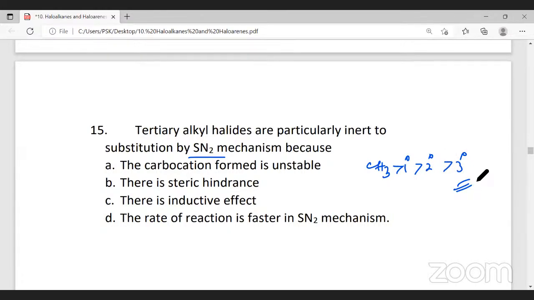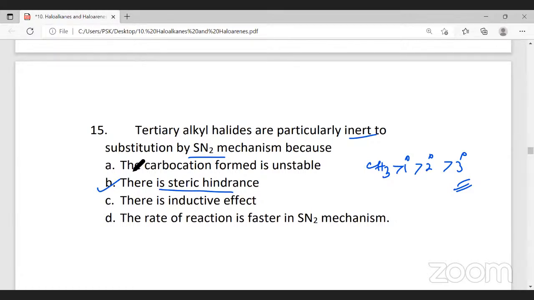Tertiary alkyl halides are big molecules, so for the OH group to attack the carbon atom from the rear side becomes difficult. That is called steric hindrance. So tertiary alkyl halides are particularly inert to substitution by the SN2 mechanism because of steric hindrance. Therefore, the answer for this question is option B.